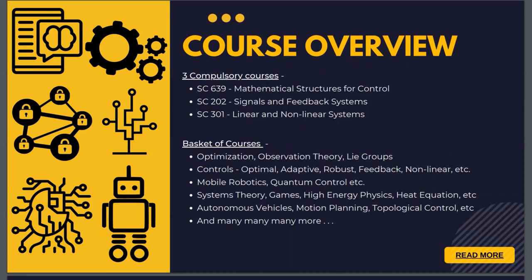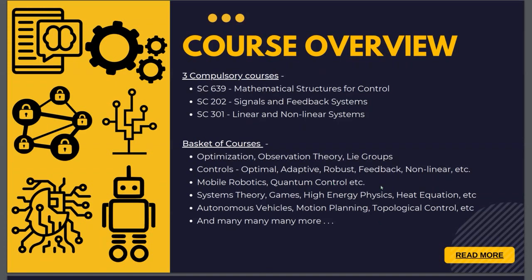And as far as the basket of courses is concerned, you have a huge range: optimization, observation theory, Lie groups, adaptive, robust, nonlinear controls, mobile robotics, autonomous vehicles and related courses, game theory, and many, many more.